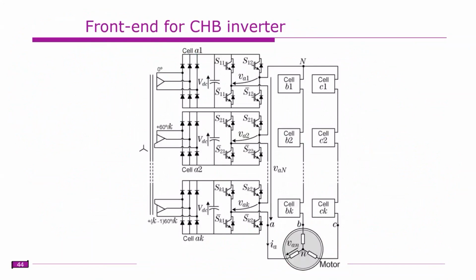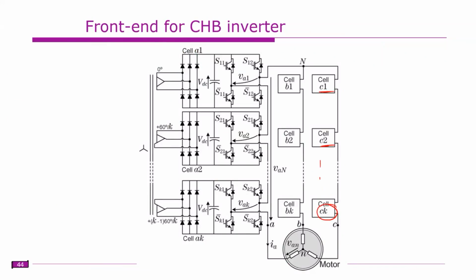Right. So now in case of real power transfer with some supply, you require isolated DC supplies. So this is the schematic diagram. Here K cells are there: 1, 2, 3 up to K cells.